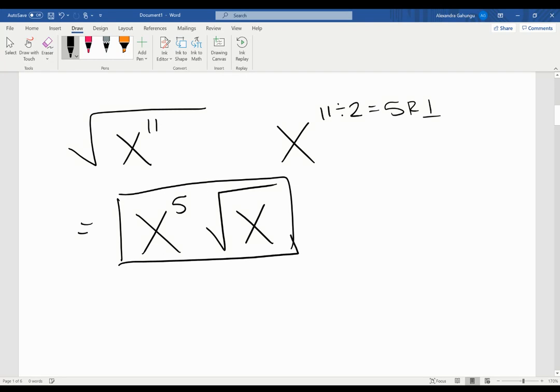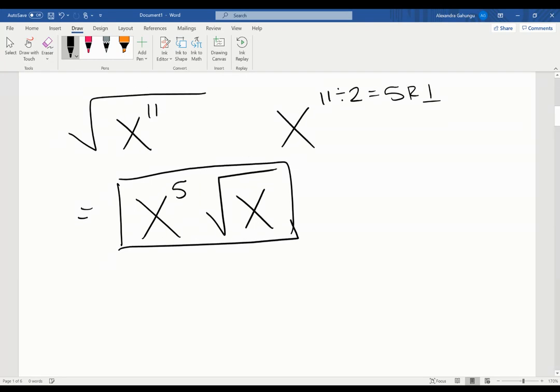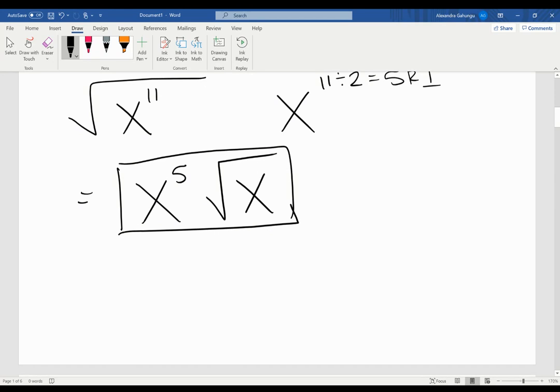So you want to divide by 2 because we want a buddy, so we want pairs. Then I can take, let's say, y to the 20th, z to the 7th.